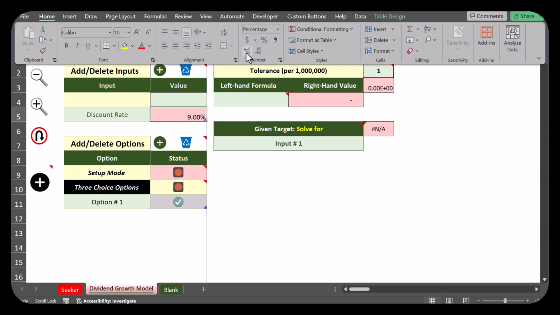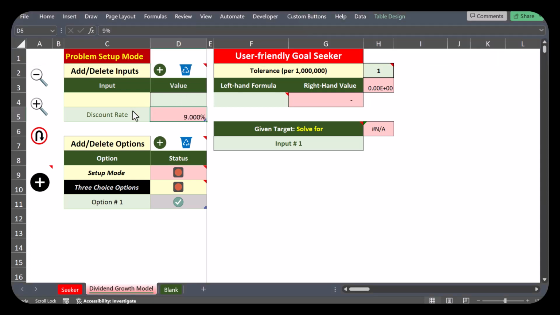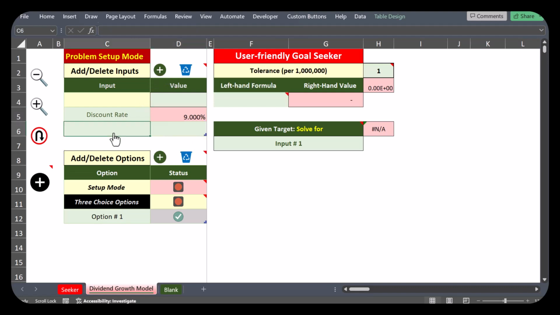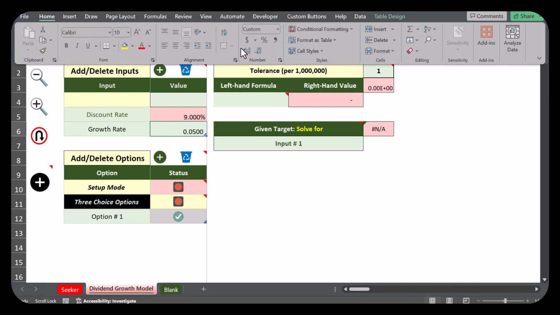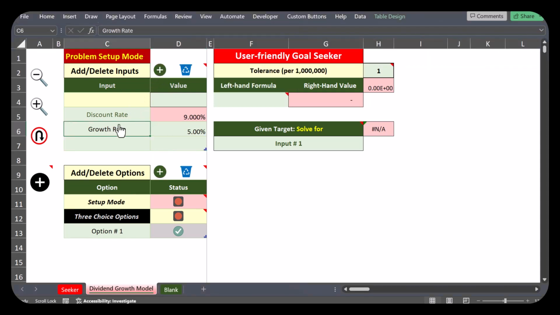I'm gonna add another input, growth rate. For now, let's put just 5%. Number of known dividends. Let's put in 3 for now.